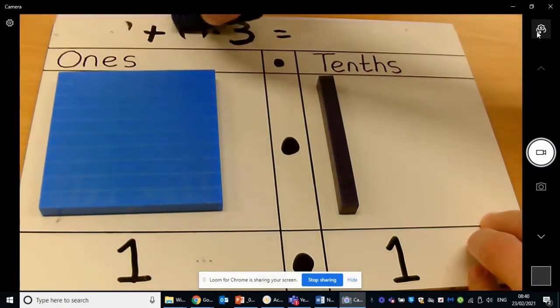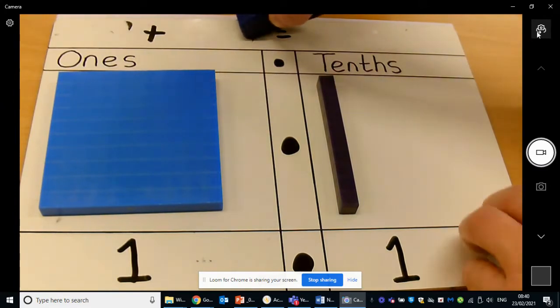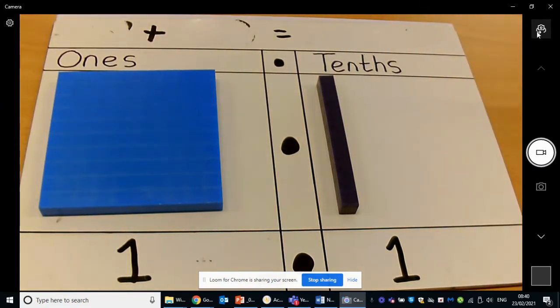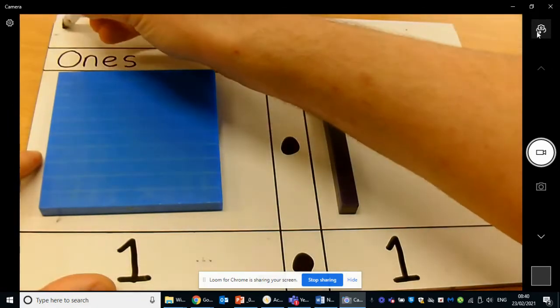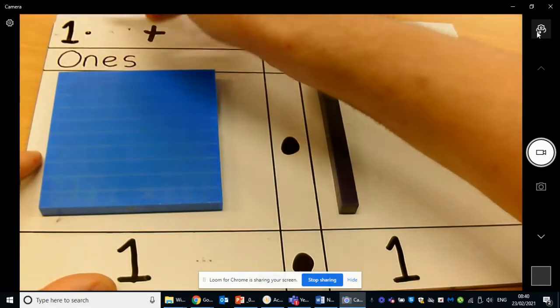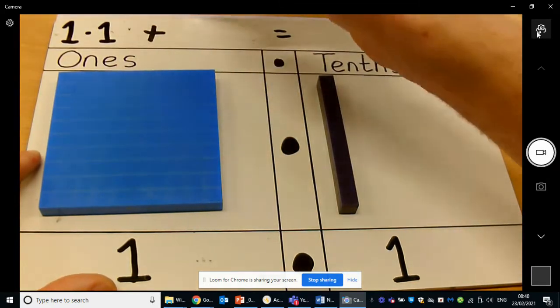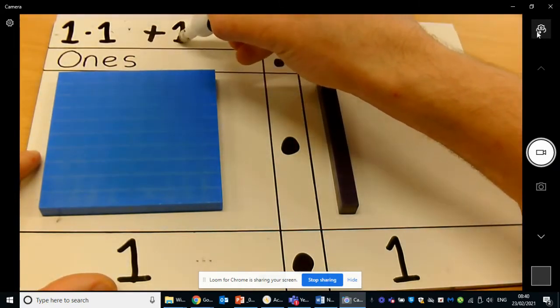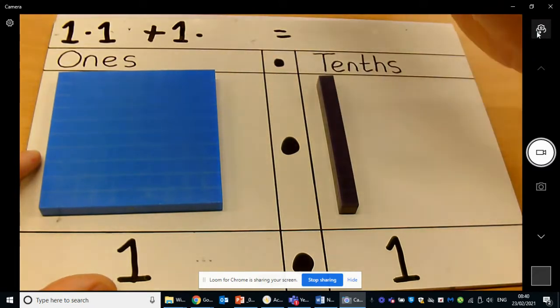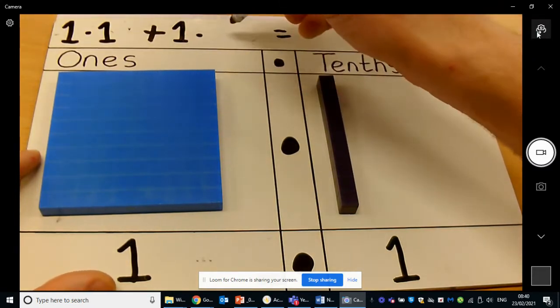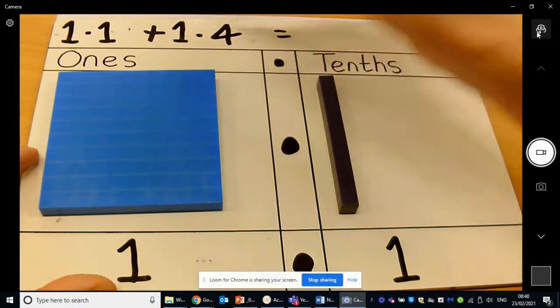So let's try, while we've got it here, 1.1 plus 1.4.